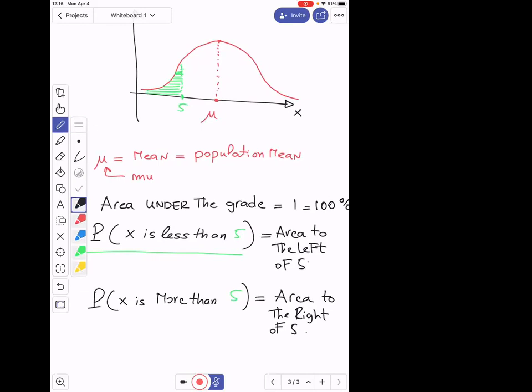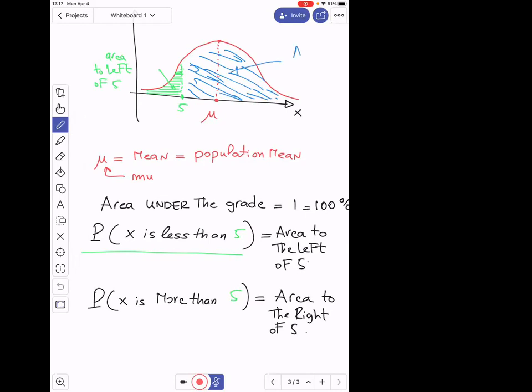So you see the green here, that's the area to the left of 5. Now the blue area is the area to the right of 5. That's what I mean by the area to the right of 5.